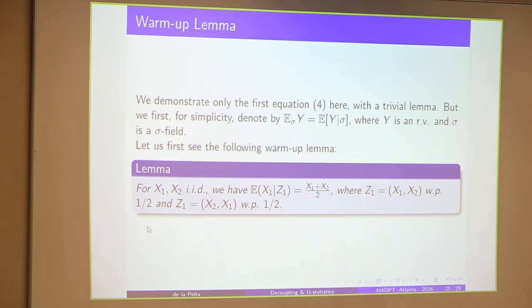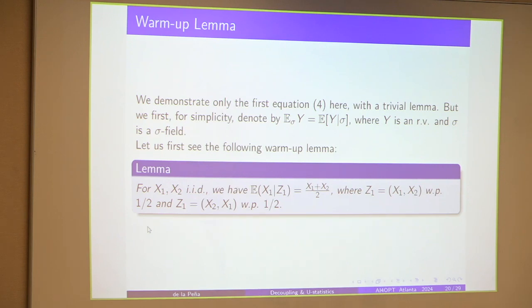Then the expected value of x1 given C1, given that you know the values but not the order, is going to be equal to (x1 plus x2) over 2. This might be a little mystifying, but it's a simple fact. To show you that, I'll write a simple proof on the board.